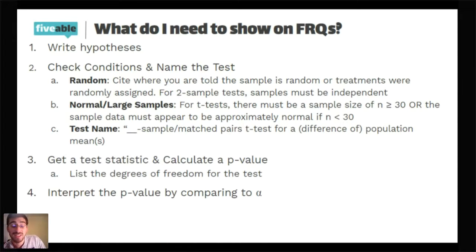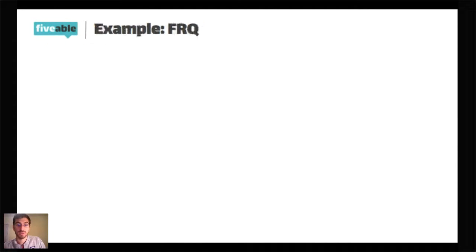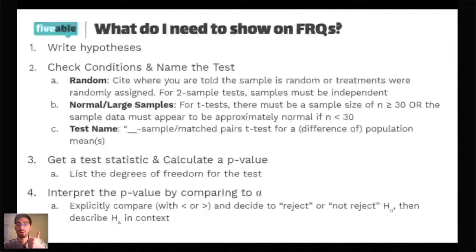Mafuz, you asked about naming the test is a step in itself. It is, but it's not scored as a separate component. Typically, if they're going to score these in 4 parts, these are the 4 parts that get scored. So the correct hypotheses using correct notation and equals and less than and all that good stuff is going to be the first thing that we score.